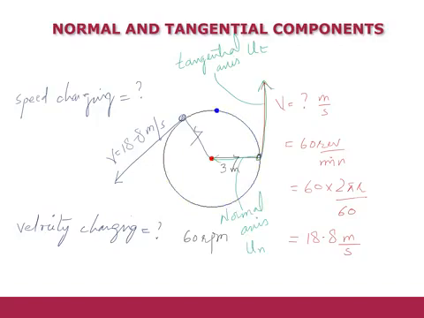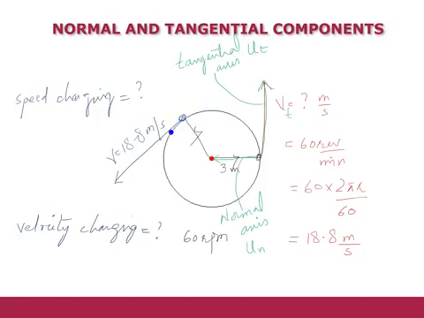As we have discussed, the particle moving on a curved path will have only one component of the velocity, which is in the tangential direction. So the particle moving in the curved path has only one component of velocity, which is vt, and this is always tangent to that path or tangent to that point.